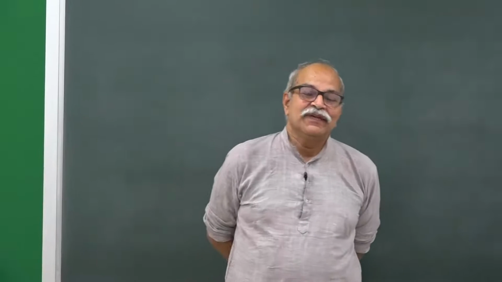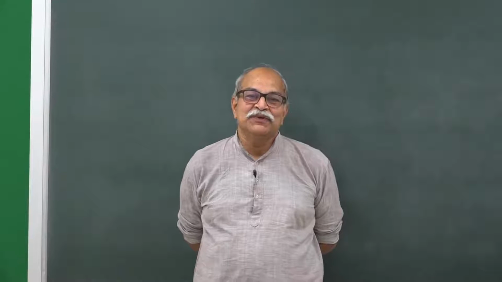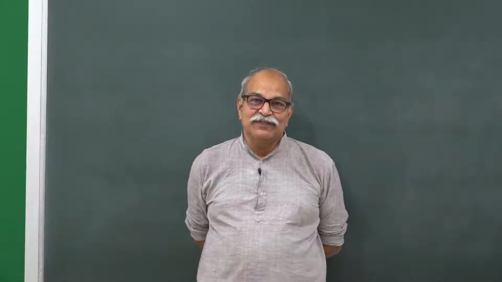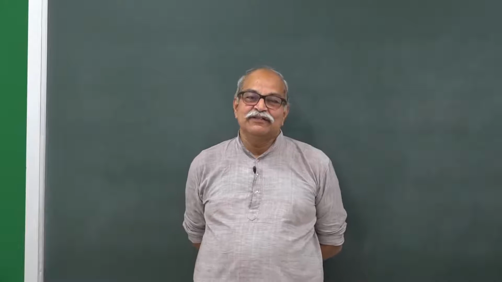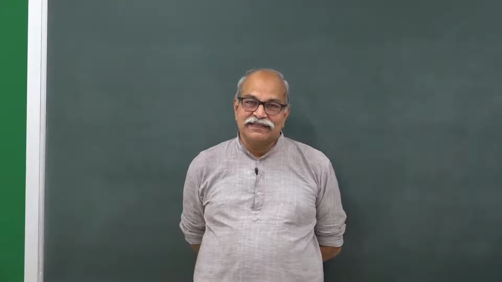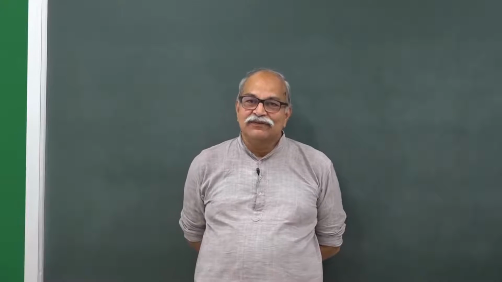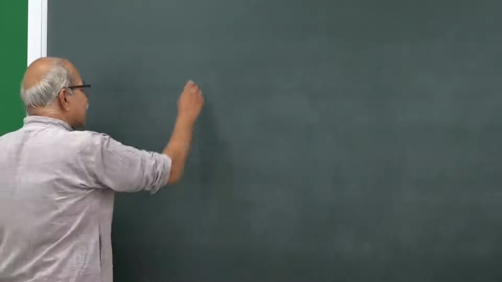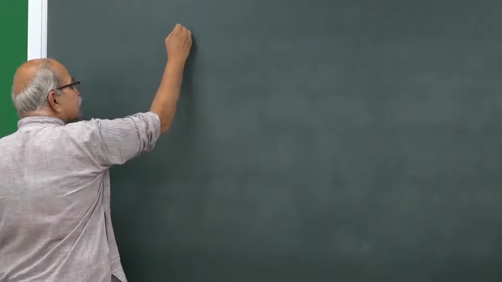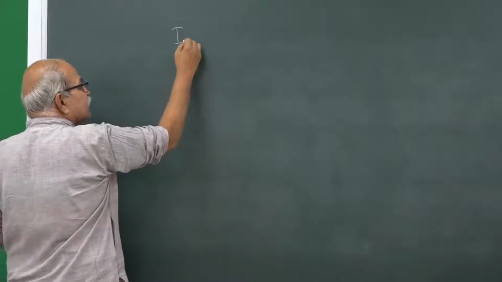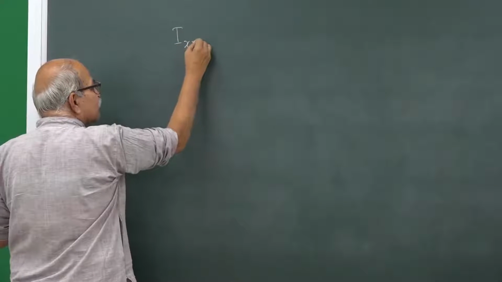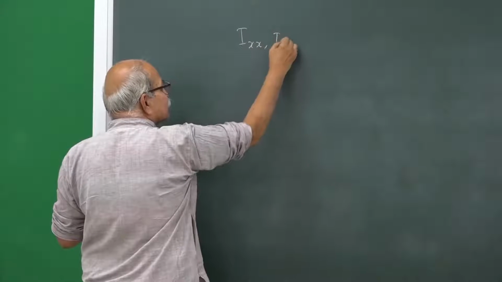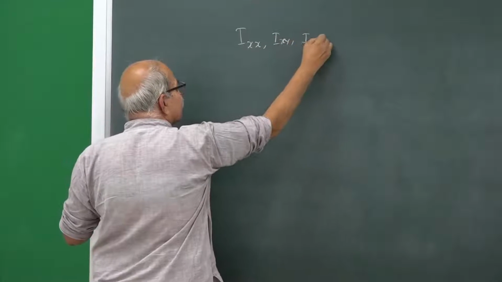So, this is a kind of supplement to our week 8 lecture 3, that is 24th lecture, in which we discussed principal axis or principal directions of a rigid body. And you know what these principal axes are. If you have x, y, z axes, then you have product of inertia terms and principal moment of inertia terms: I_xx, I_xy, etc., I_xz like that.